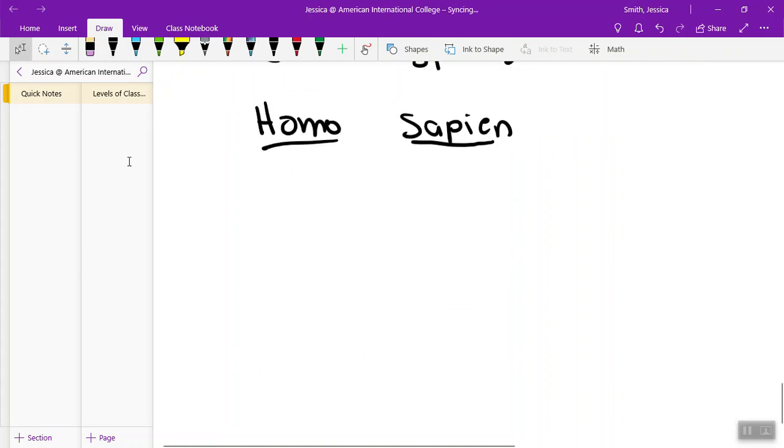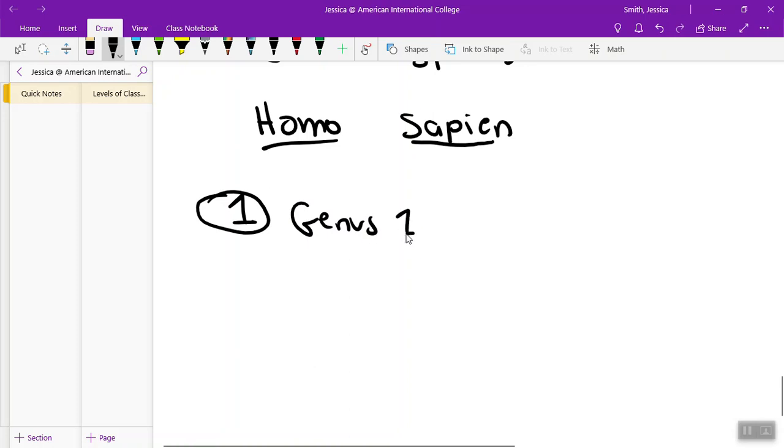Now there are a few rules when you're writing or typing the name of a living organism. The first rule is the genus name comes first and the species name second. If there was going to be a strain, the strain name would come third.